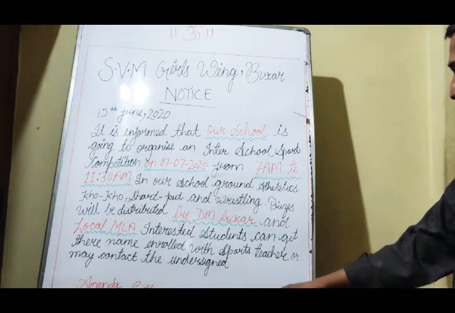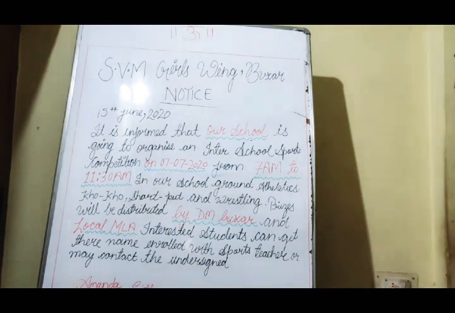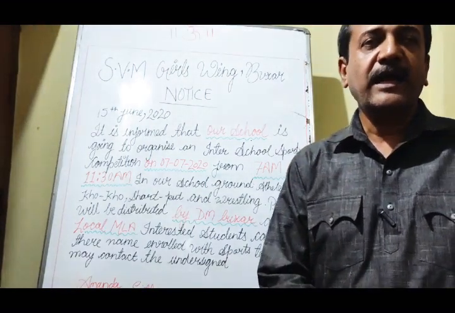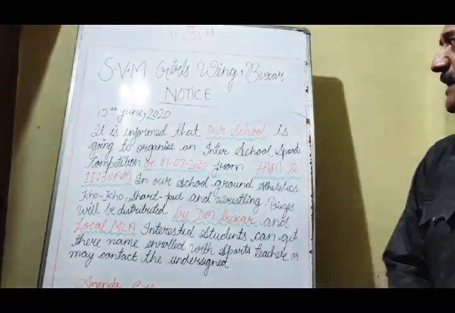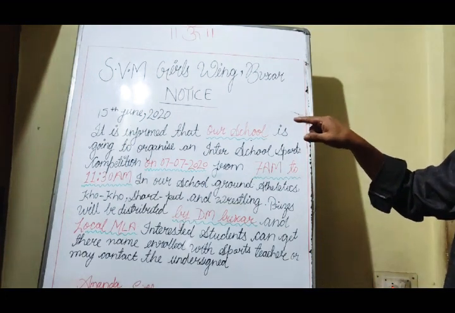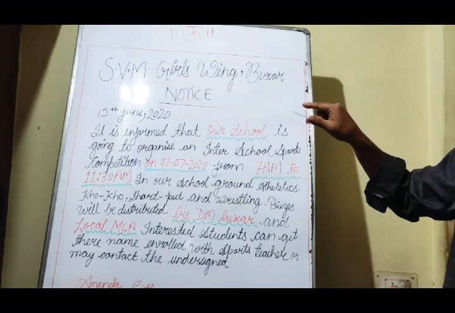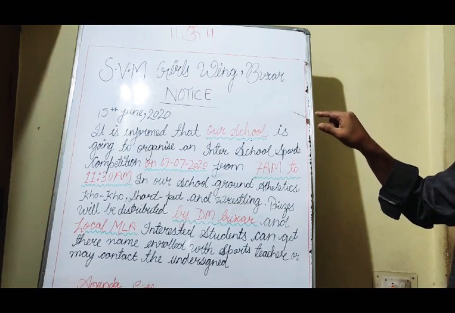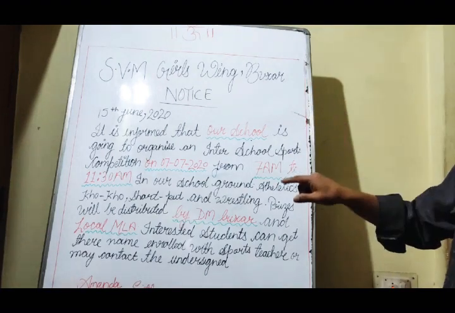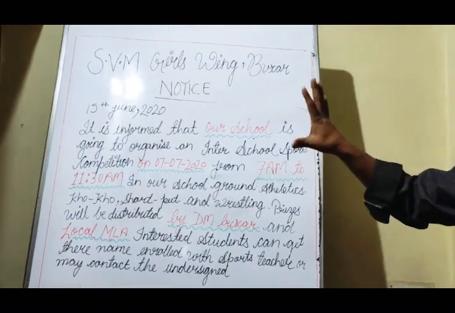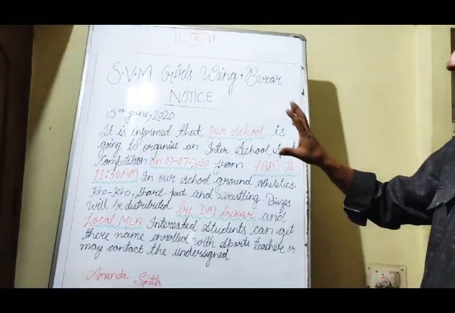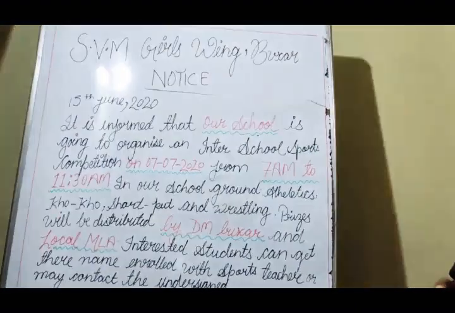Below that we draw a line. So this is a format of the notice, and you can try to find out with those red ink written words, which will explain how this notice is reflecting all WH questions answered.